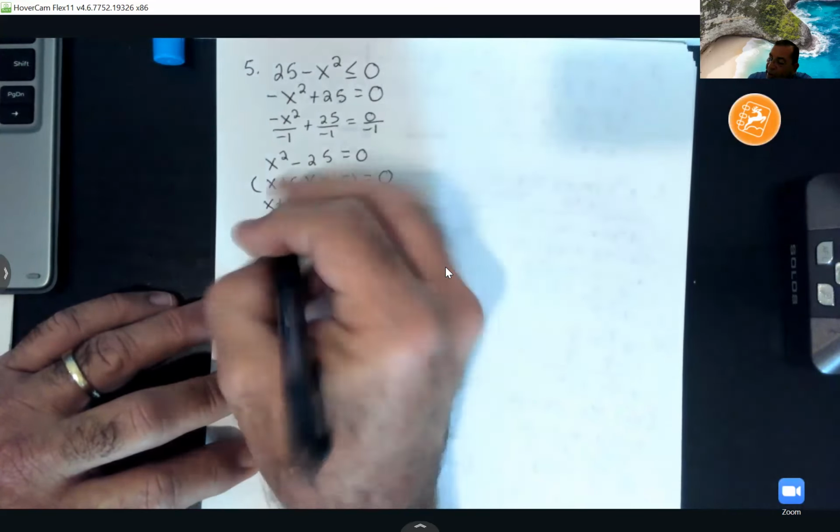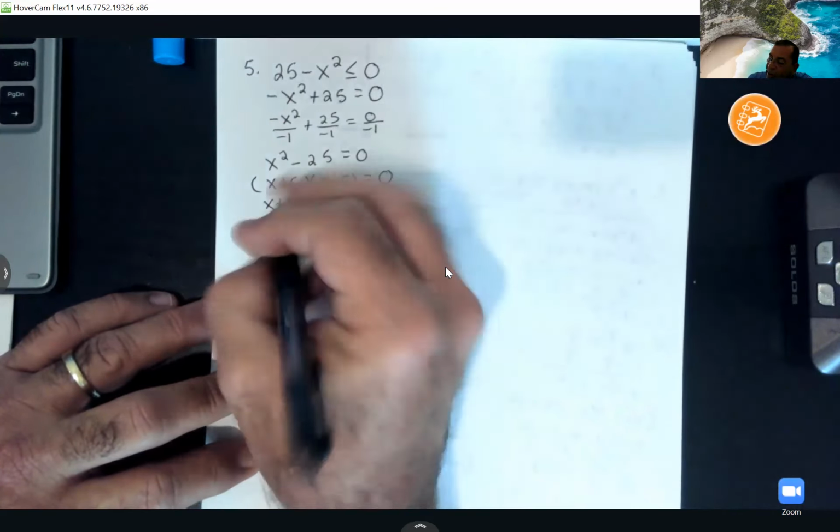I'm now going to get a positive x squared minus 10x plus 25 equal to 0. So we can now factor that. X squared is going to be an x and an x.